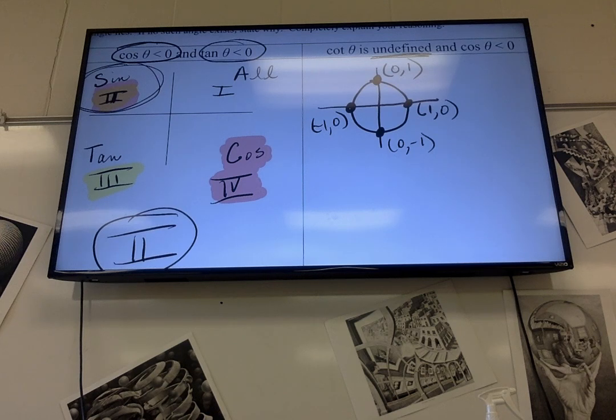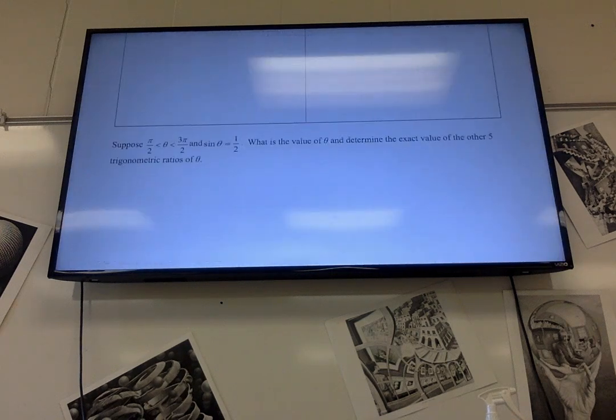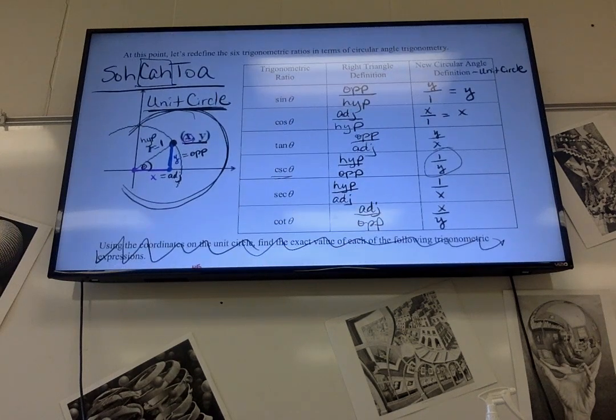Again, one of those days, I think it was last Friday, we talked about unit circle and circular tangents and whatnot. Let me see if I can go back there and look at it for a second to show you. Yeah, here it is. So notice that for the sine, it's always opposite over hypotenuse.